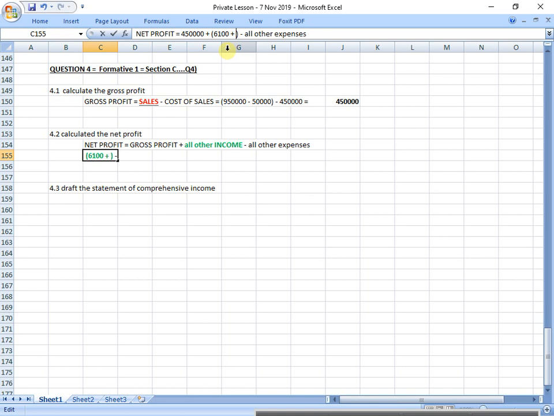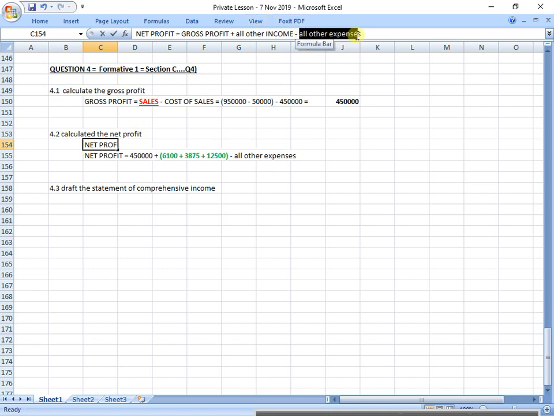It was 3,875. Correct. Do we have more income? There's one more. Interest on overdraft? No, that's an expense. Interest from investment. Yes. An investment is an asset. If I'm going to get interest on my investment, that means I'm going to get more. That's income. So there you go, you've got all the other income.